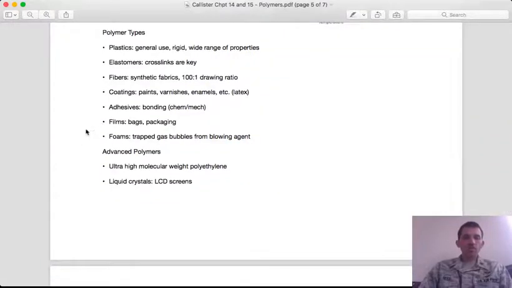Polymers are also easy to form into just about any shape, and can easily form films, which gives us a lot of cheap materials for packaging and for plastic bags. You can also form a foam. Oftentimes the chemical reaction forming the polymer itself will produce gas.